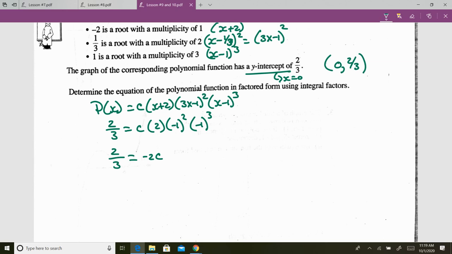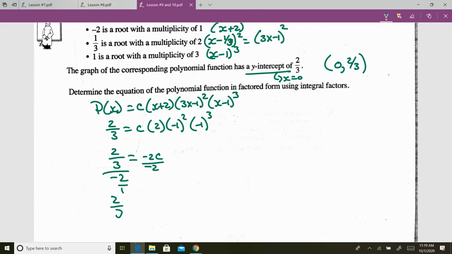What's my answer? What do I do with this -2? Divide it off. So if I divide by -2, how do you divide fractions? You flip the bottom and multiply, right? And -2 is the same as -2/1.